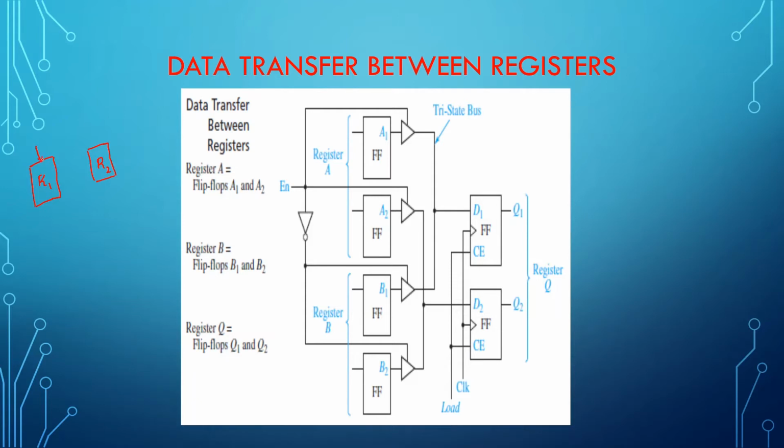I don't mind how many bits it has. It may be 8 bit, 16 bit, 4 bit, 1 bit, 2 bit, or anything. Let me say that my register R1 has some data. The data from register R1 has to be transferred onto register R2. So in case you want to transfer the data from register R1 to R2, they have to be connected. So let us say that my registers R1 and R2 are connected so that I can transfer the data.